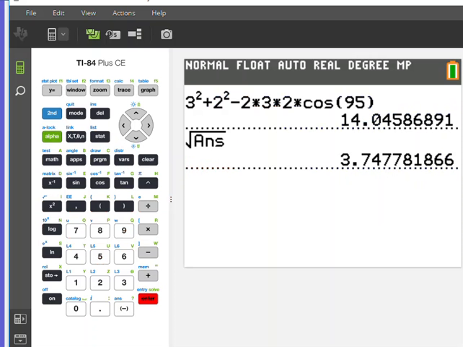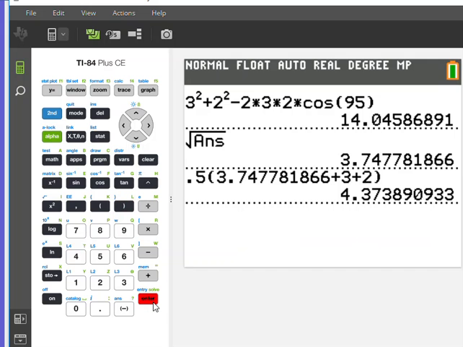So if I go back to my calculator, I want half of my previous answer, plus 3 plus 2. So I have that s is 4.374.